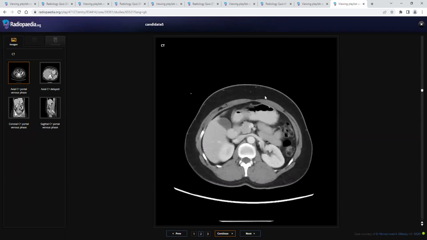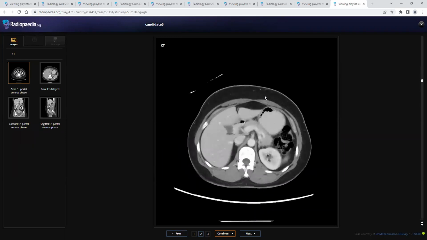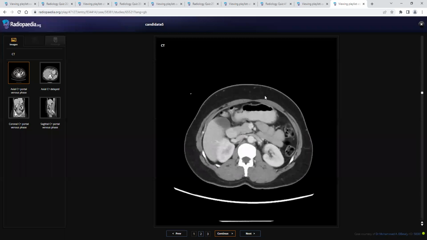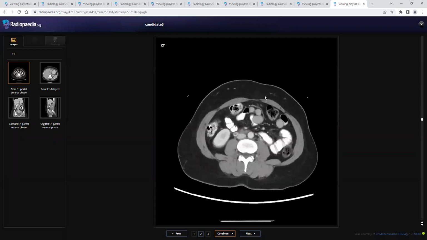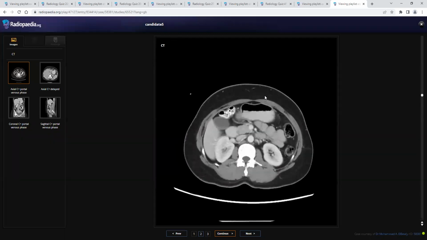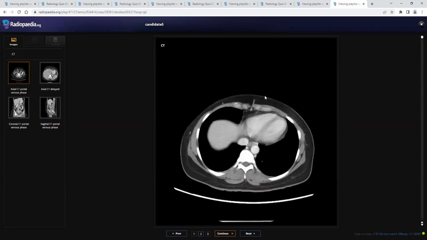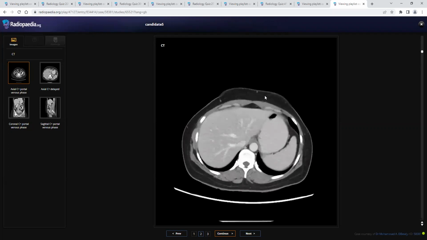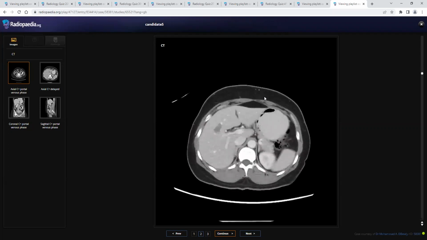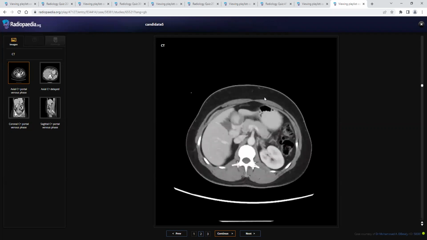There seems to be this nodule in the left adrenal gland, or no. I'm scrolling further cranially to see if I can see any abnormality in upper abdomen. However, the upper abdomen seems unremarkable.